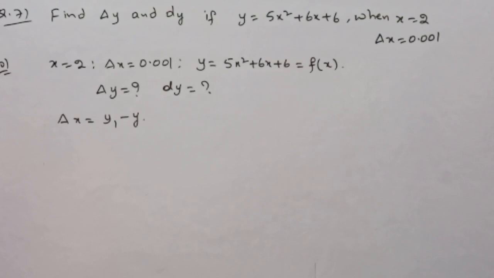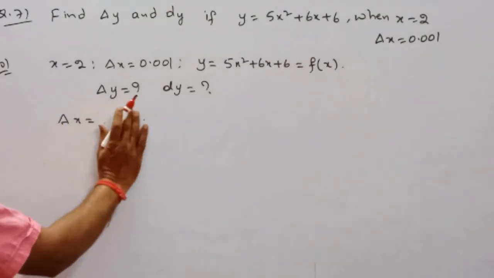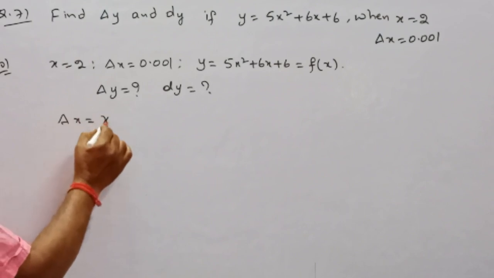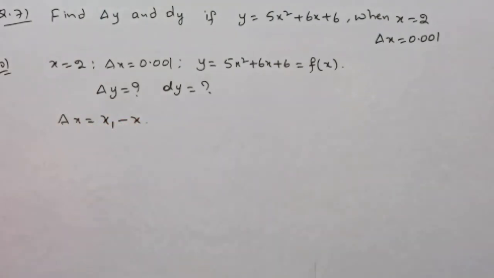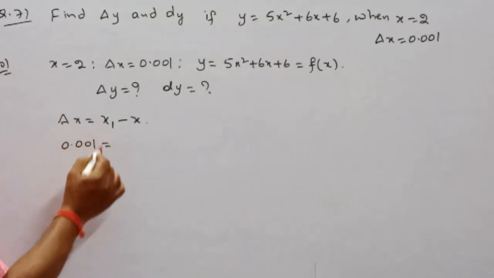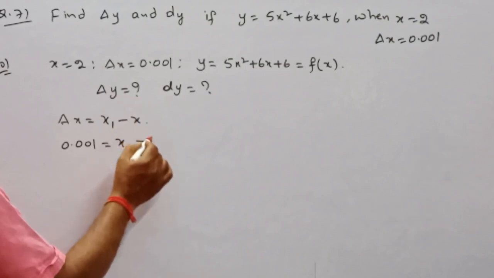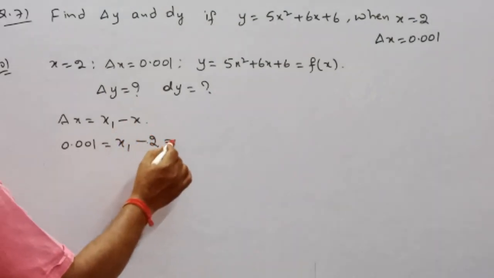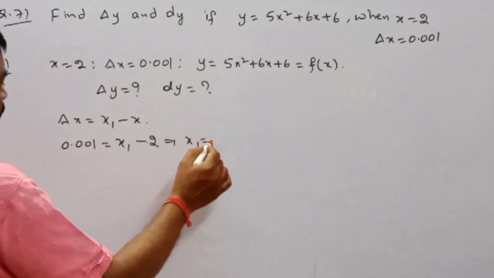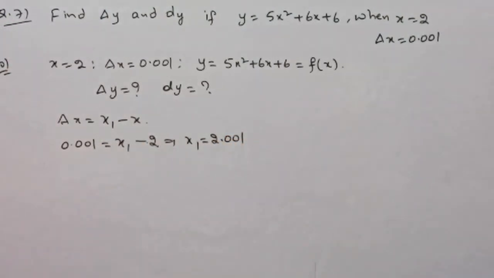Delta x is equal to x1 minus x, and delta x is equal to 0.001, so what is x1? x1 minus 2 is 0.001, which implies x1 is equal to 2.001. This is the x1 value.